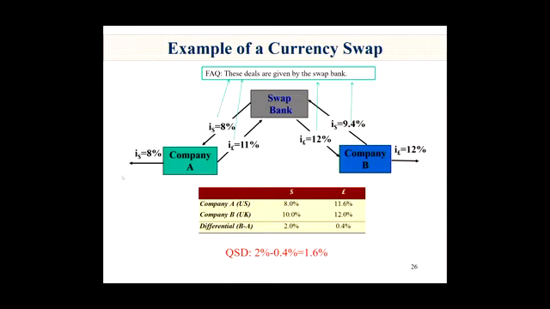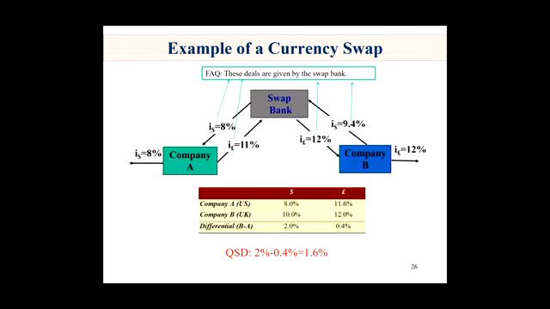some swap terms. So Company A will be better off borrowing in US dollars. However, they would prefer to borrow in pounds. So the swap bank says we will enter into an agreement with you where we provide you with 8% in a dollar denominated loan, but you will return to us 11% in a pound denominated loan.